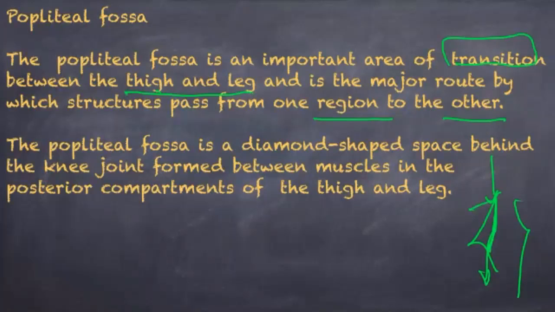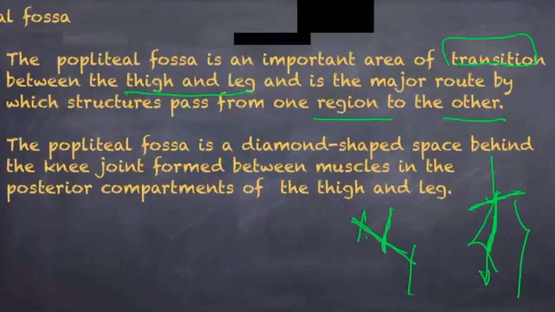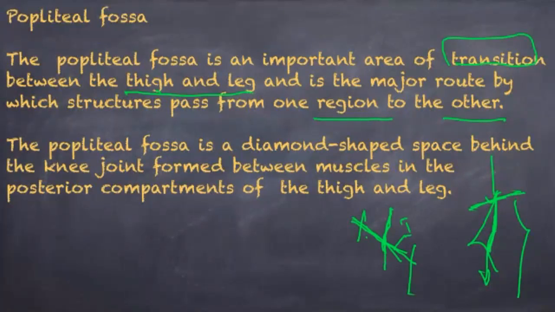For example, the external iliac artery passing through the inguinal ligament is known as the femoral artery beyond the inguinal ligament, right?